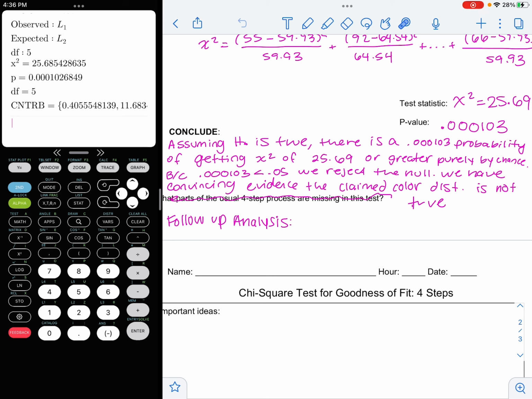So what I say is that blue M&Ms were 36.64 less than expected. Just stating that, they were the largest contributor and by how much. So what that difference was.